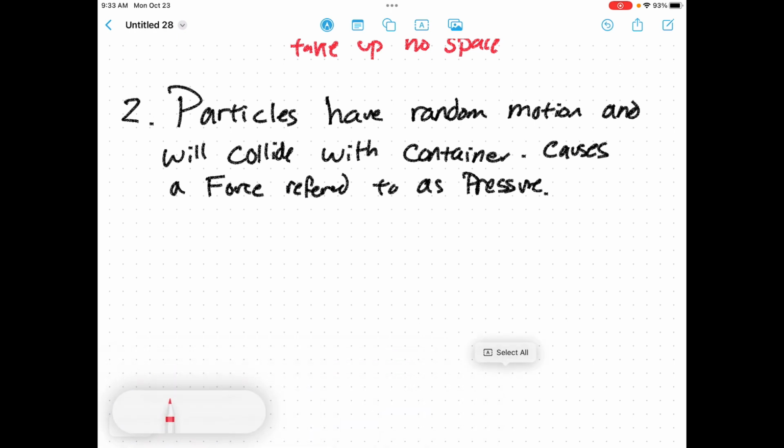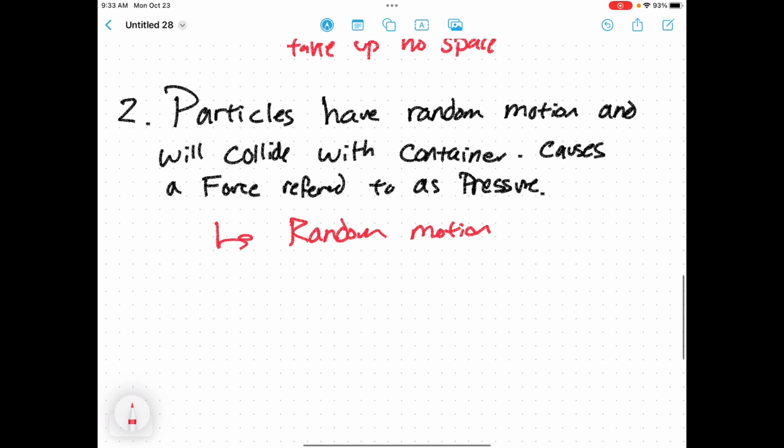We are going to simplify that, and we're just going to call the second postulate random motion causes pressure.